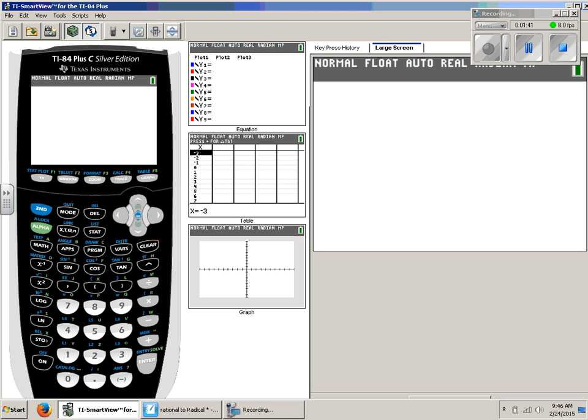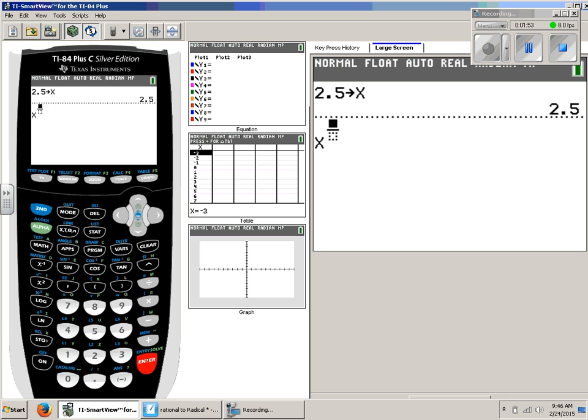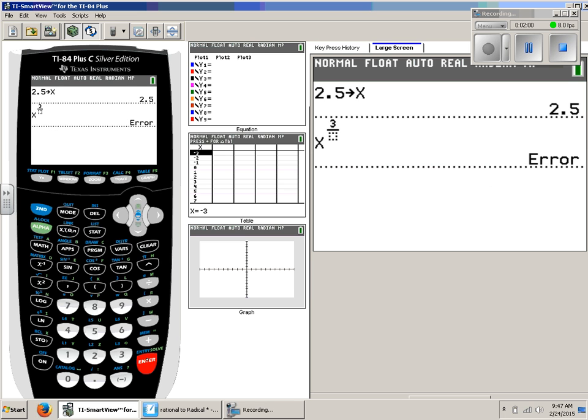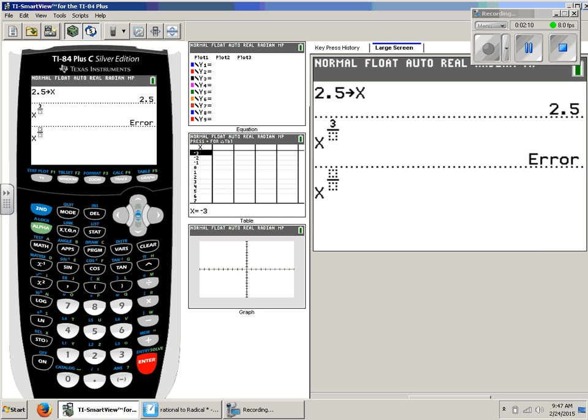So to check, I'm going to store a number for x. I'm going to put in my problem. So x to the, using alpha y equals to get my fraction.